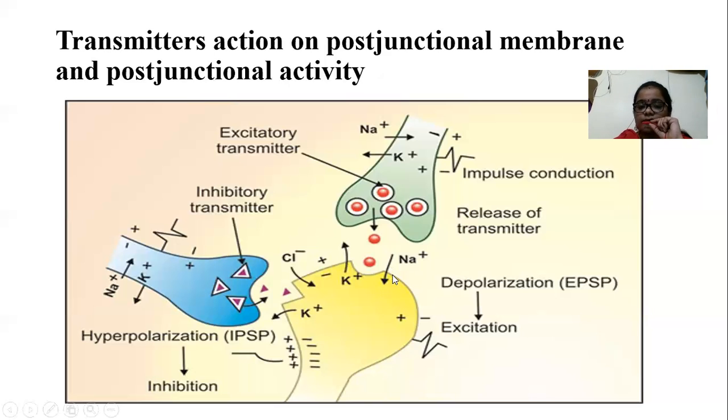So then what will happen? It may lead to depolarization. So that is the excitatory postsynaptic potential. EPSP means excitatory postsynaptic potential. The depolarization occurs due to high influx of sodium ions, because the permeability of these cations increases. There is high influx of sodium ions and efflux of potassium ions, meaning movement of potassium ions from inside of the cell to outside.